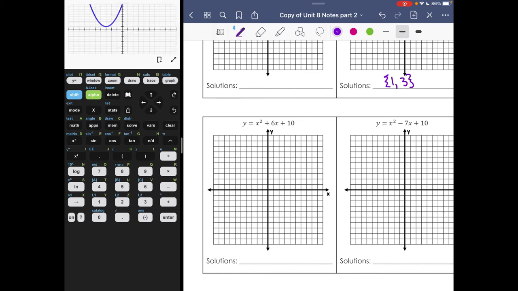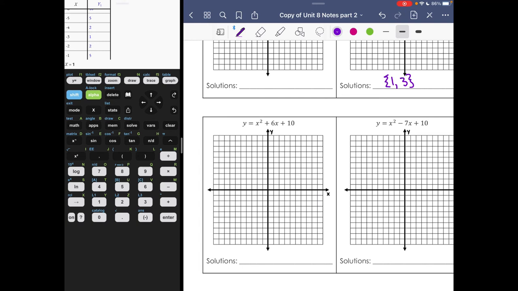I'm going to hit graph so I know it's going to be over on the left side. So I'm going to go to shift table or second table, and then I know I need a negative x. My vertex is on the negative side, and so right there it is, negative 3, 1, because you can see the numbers start back again around it.